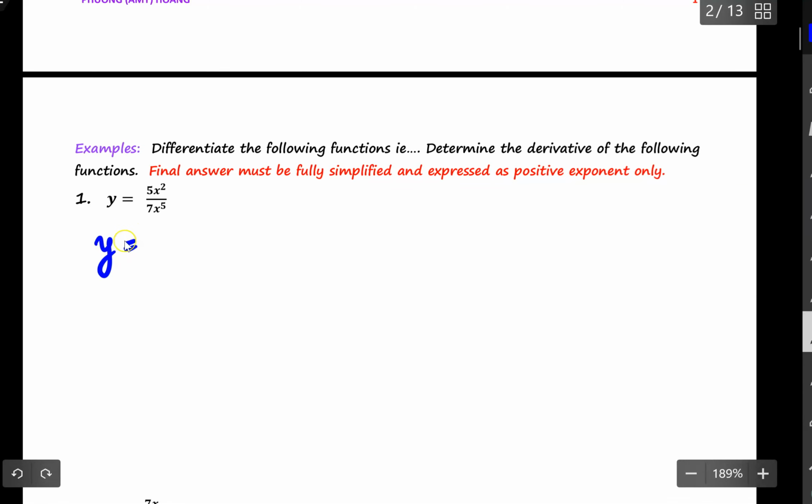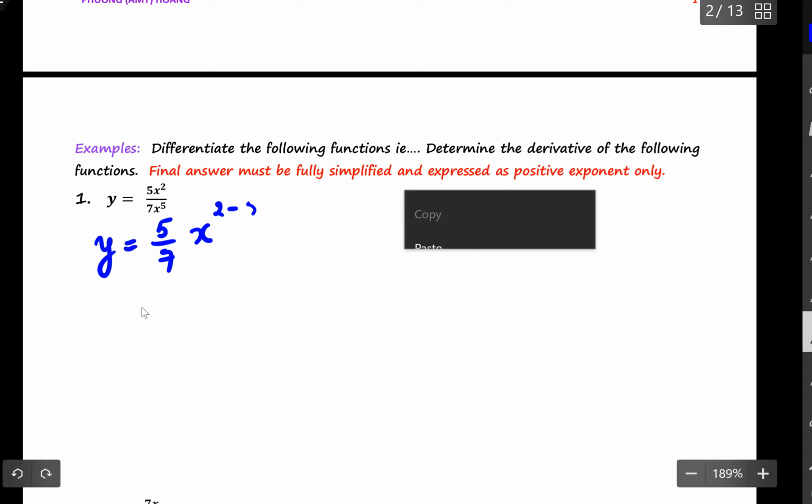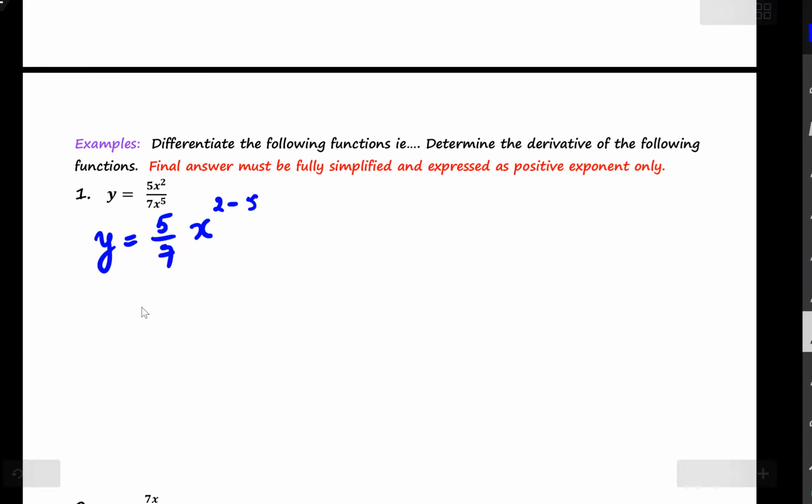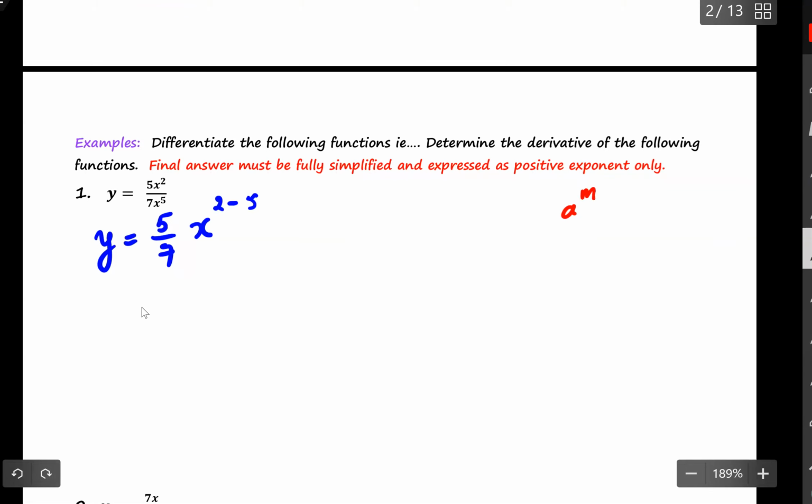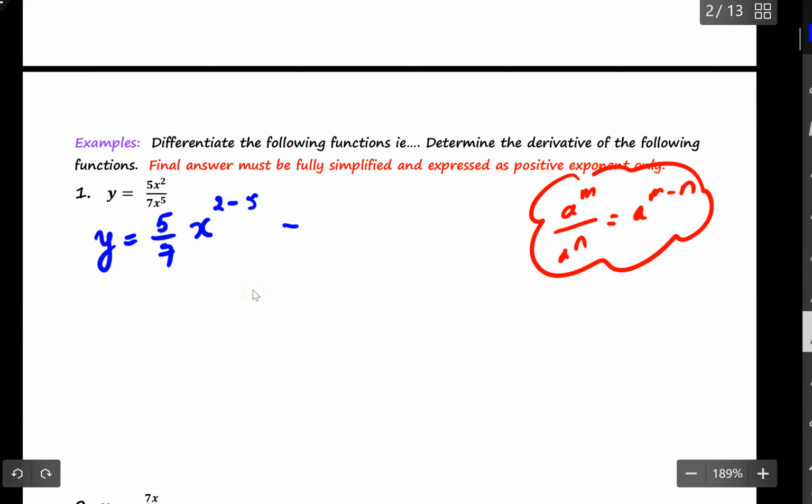You write y prime or dy over dx only when you start applying the differentiation. So I will take 2 minus 5, because I am using the formula a^m divided by a^n. I subtract the exponents because I have the same base, x. So I have 2 minus 5, and in this case I will have 5 over 7 x raised to the exponent minus 3.